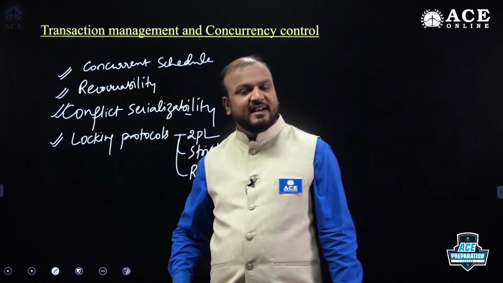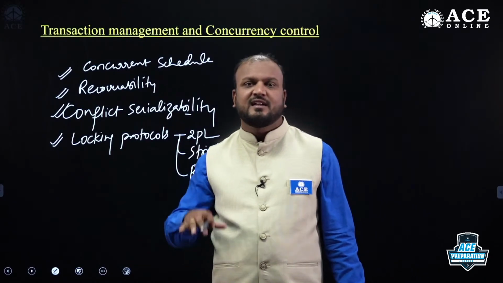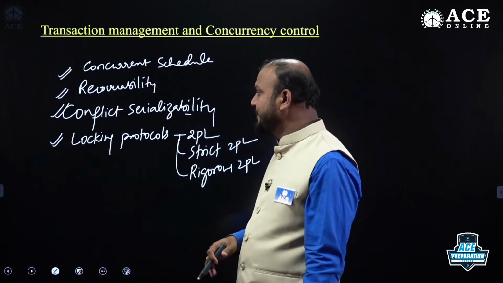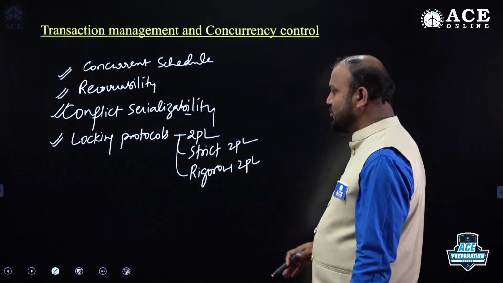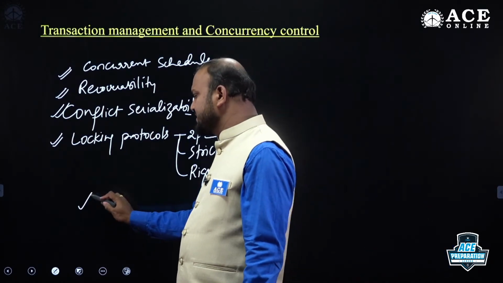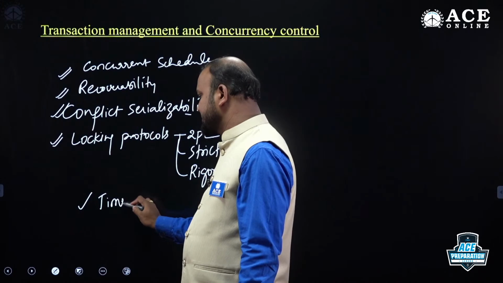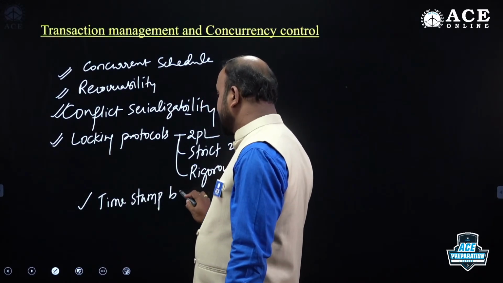Later it is not asked, but there is a scope of asking this time, because numerical type questions are increasing every year. And on locking protocols, questions are asked on 2PL, strict 2PL and rigorous 2PL. And some 1 or 2 questions you can see on timestamp based protocols.